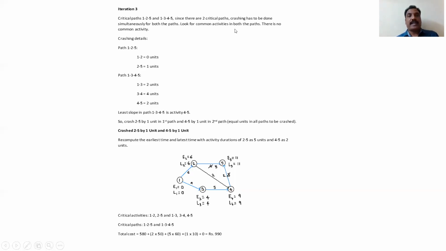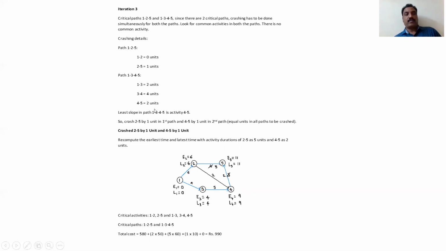Now, what are the common activities in both paths? There is no common activity. You see, one is 1, 2, 5, another one is 1, 3, 4, 5. There is no common activity. Then for 1 to 2, it is 0 because we have reduced it to the maximum here. For 2 to 5, we can do only 1 unit. For 1 to 3, we can do 2 units here. For 3 to 4, according to normal and crashing times.